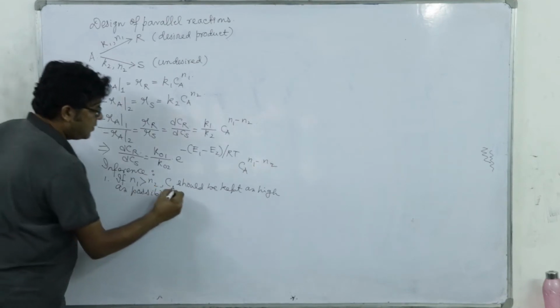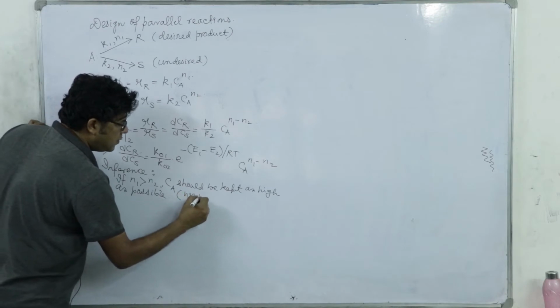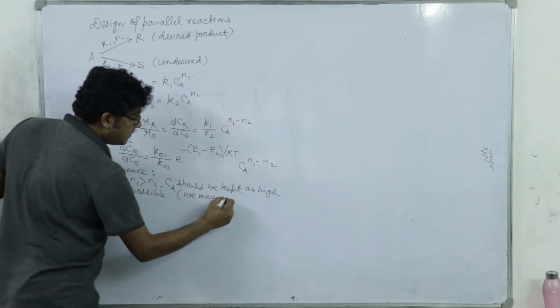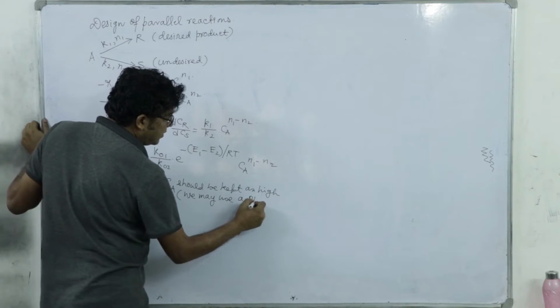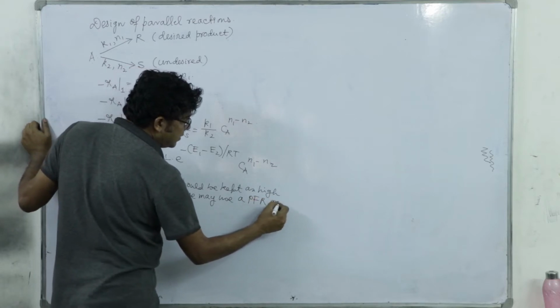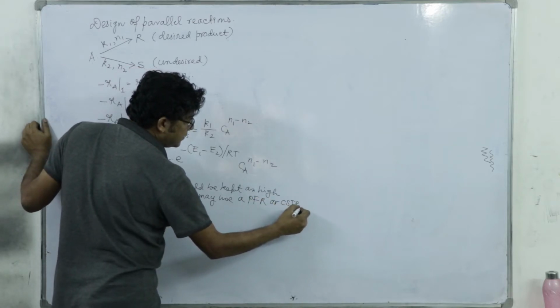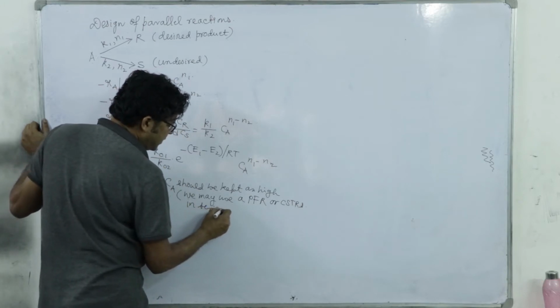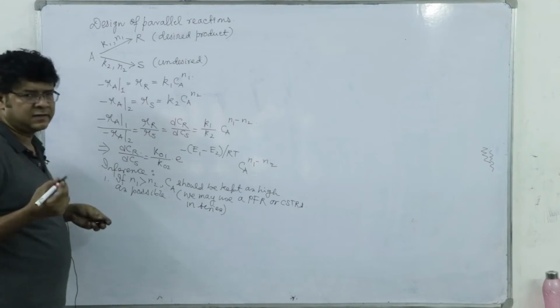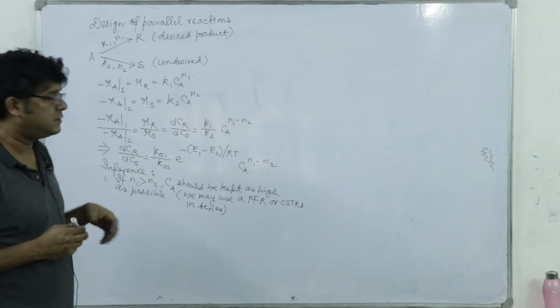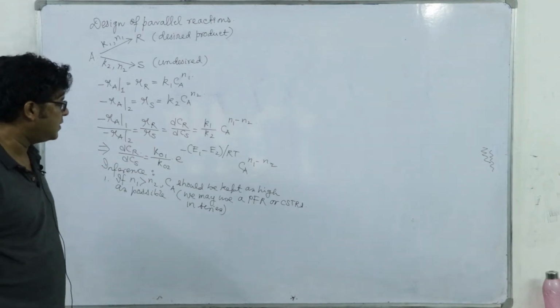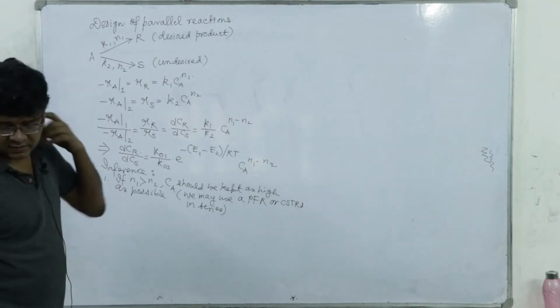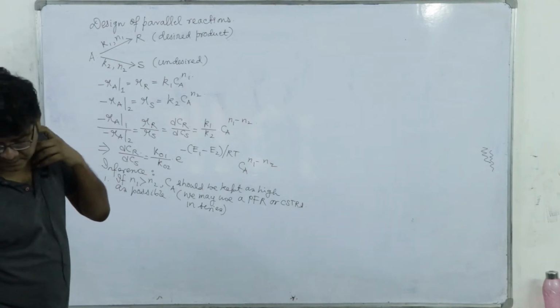So we may use a PFR or CSTRs in series, because as we go on hooking up multiple CSTRs in series, the behavior tends to that of a PFR.